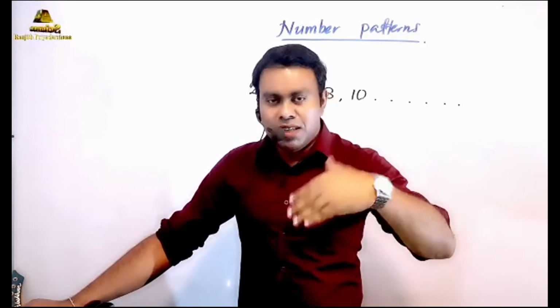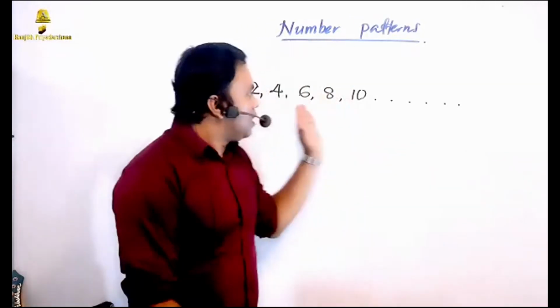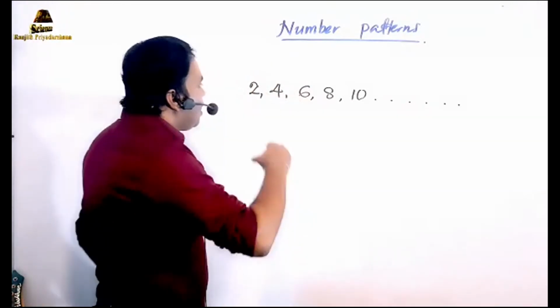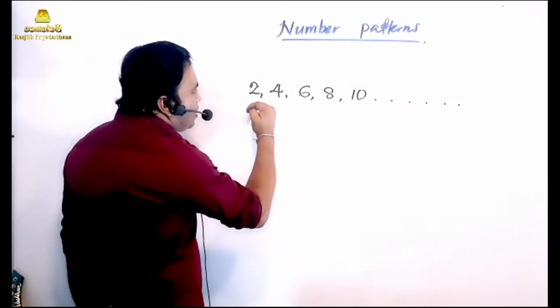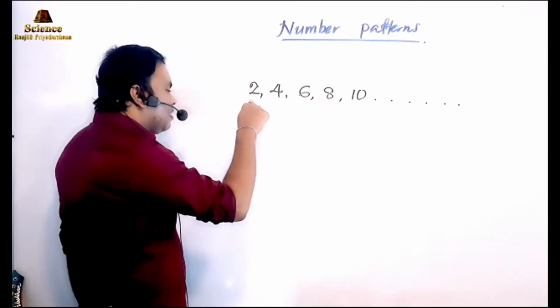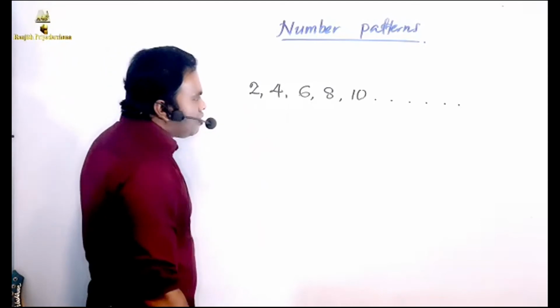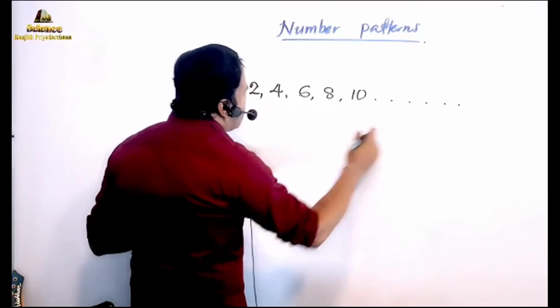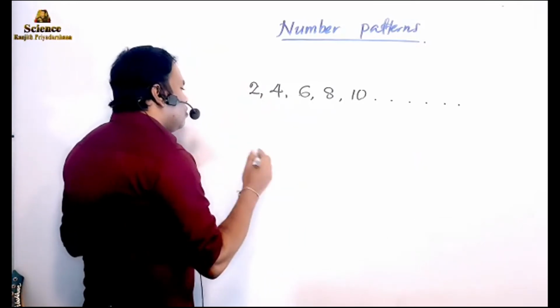I have written this in ascending order, so you can see the smallest number is the first number. All the numbers in this number pattern are said to be terms.